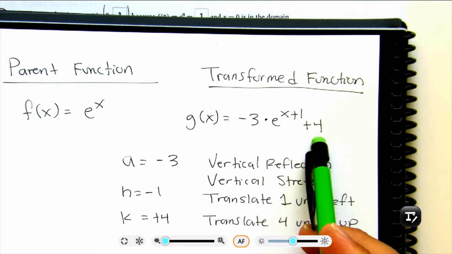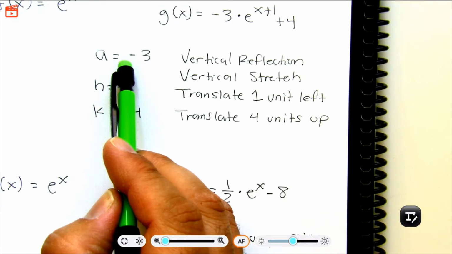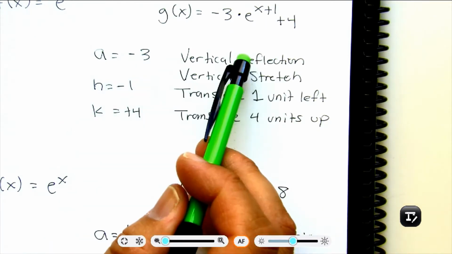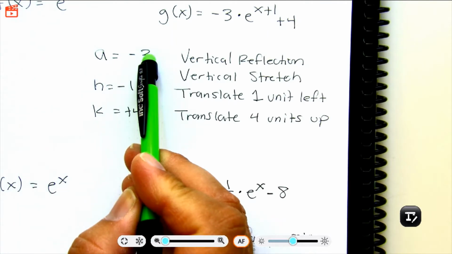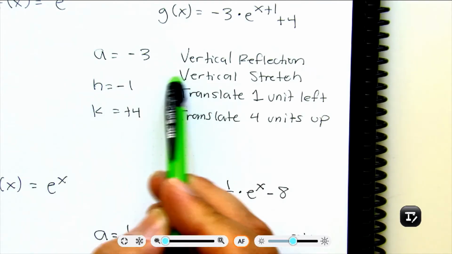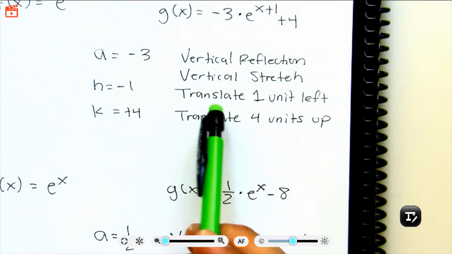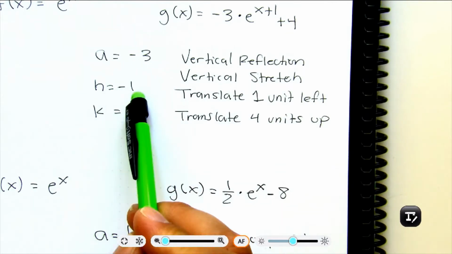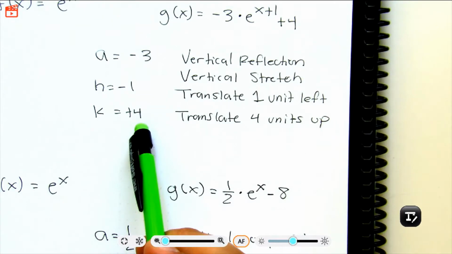Because a is negative, that's going to cause a vertical reflection. Because the absolute value of a is greater than 1, because 3 is greater than 1, that's going to be a vertical stretch. Because h is negative 1, we're translating 1 unit to the left. And because k is positive 4, we're translating 4 units up.